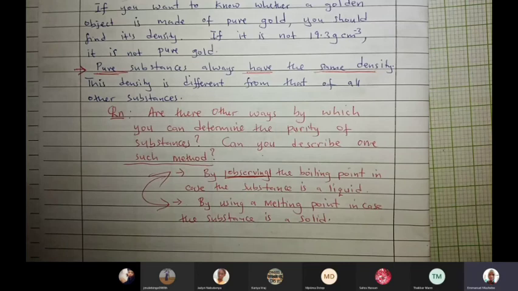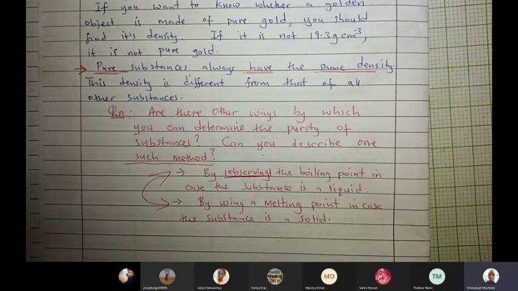You can also, if it is a liquid, boil it and see at which temperature it is boiling. So you compare it with the boiling point of that very liquid. If they are the same, then it is pure. If the boiling points are different, then it is impure. Then another person can depend on the melting point.